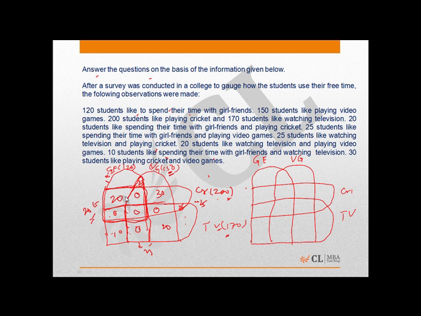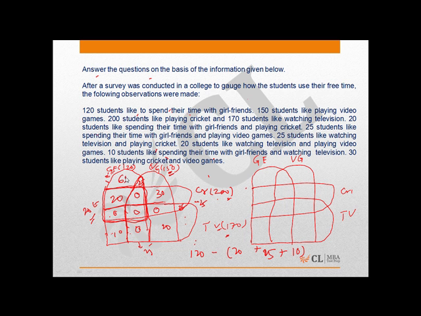Like, in order to find the number of students who like spending time with girlfriend only, it is 120 minus 20 plus 25 plus 10, which comes out to be 65.